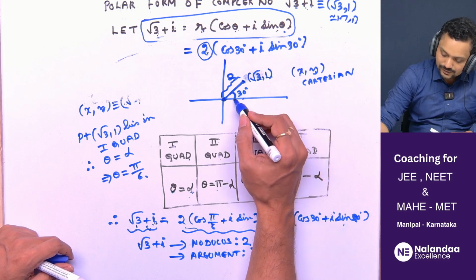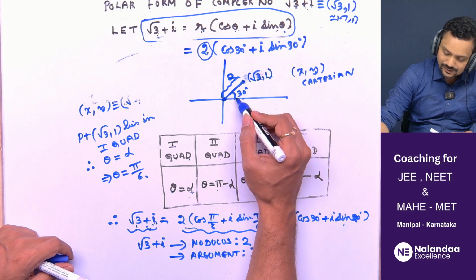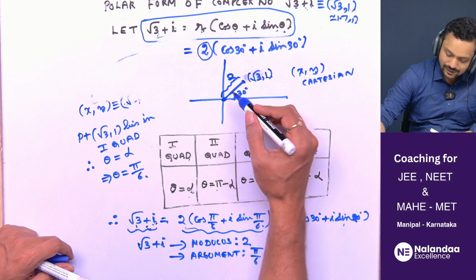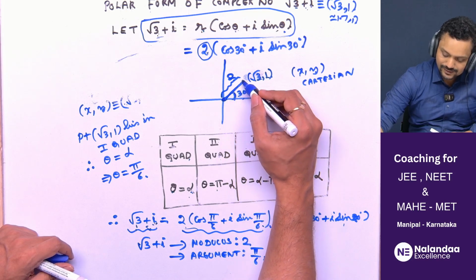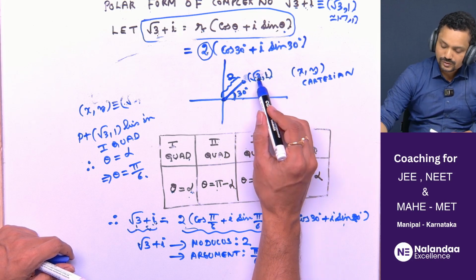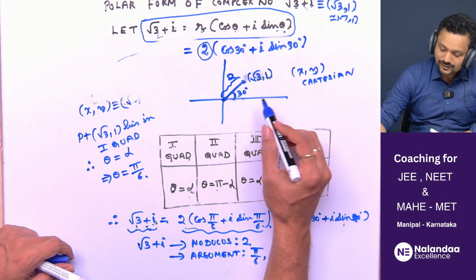At the origin, if you make an angle of 30 degrees from the x axis and go 2 units from the origin, you will exactly reach this point. So to reach this point root 3 comma 1, there are two ways.